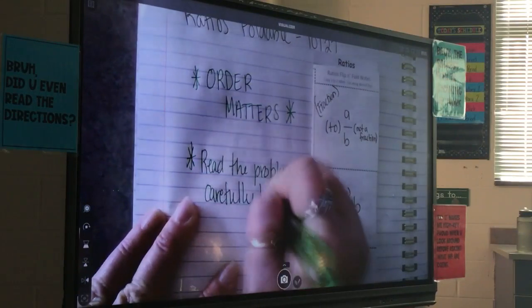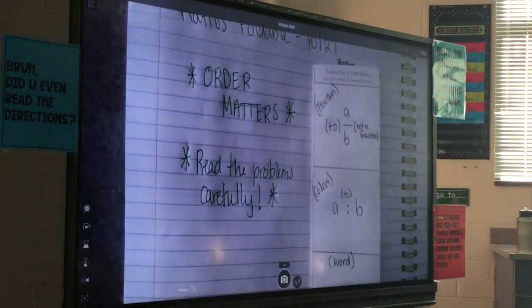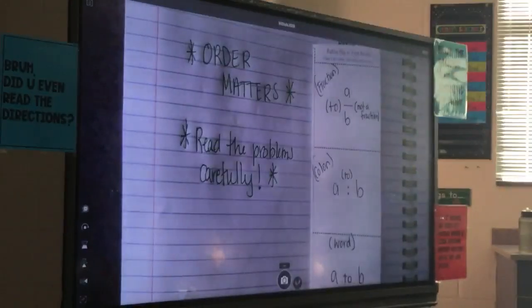Reading your problems carefully is going to be another big thing. You have to read your questions carefully. You do not want to make a simple mistake and miss a ratio question, because those are almost gimme questions on tests, quizzes, and benchmarks, and EOGs. Okay?